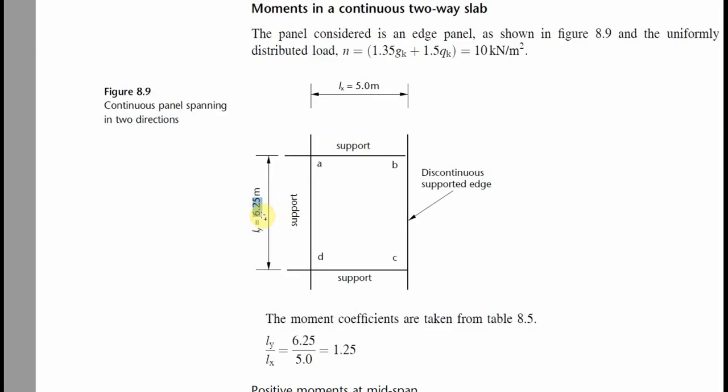Now for your Ly, group A, take it as 6.5. Group B, you take this as 6.75. Group C, 7. Group D, 7.25. Group E, 7.5.